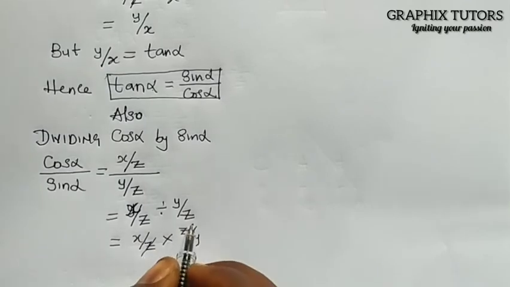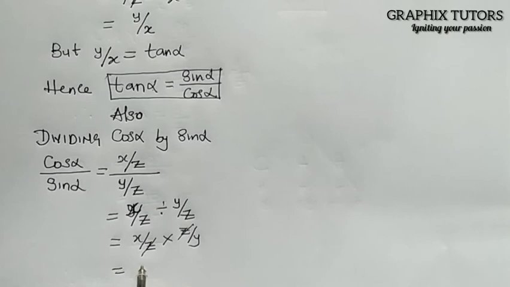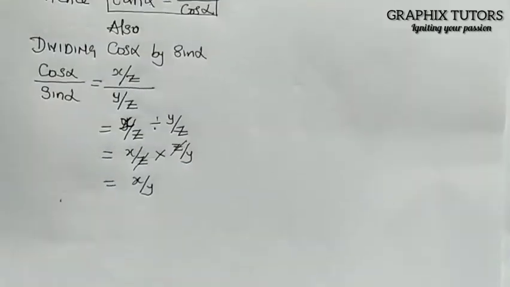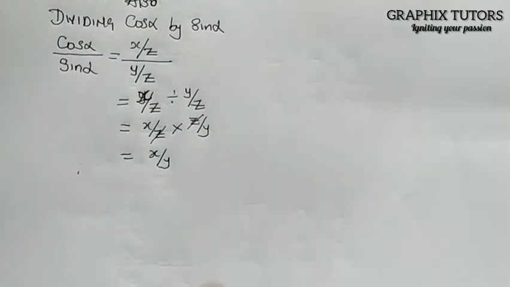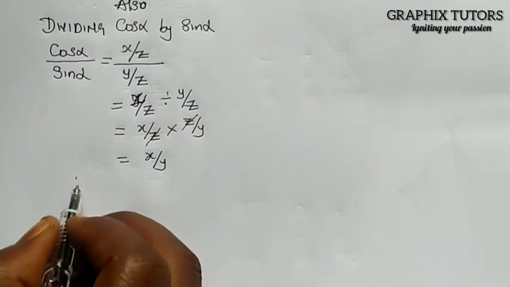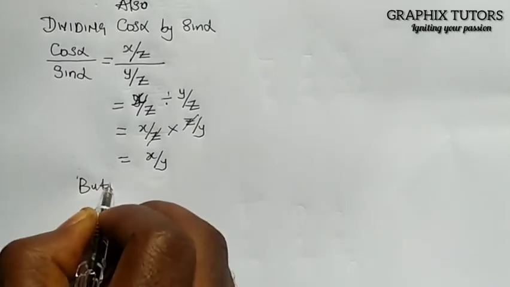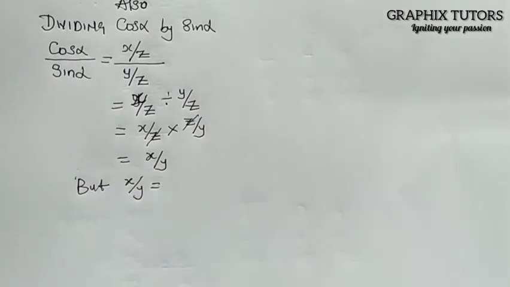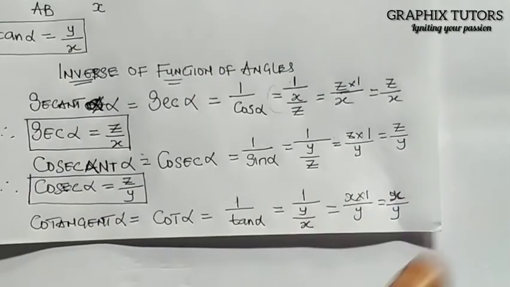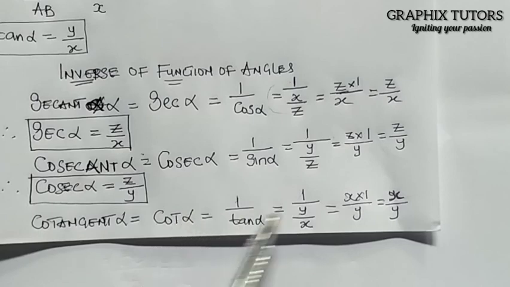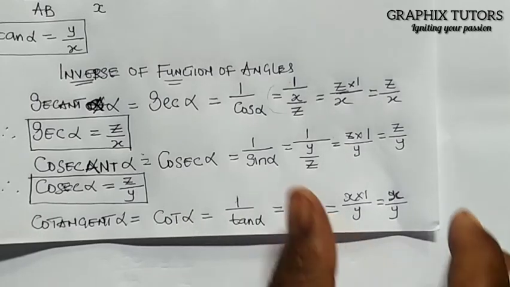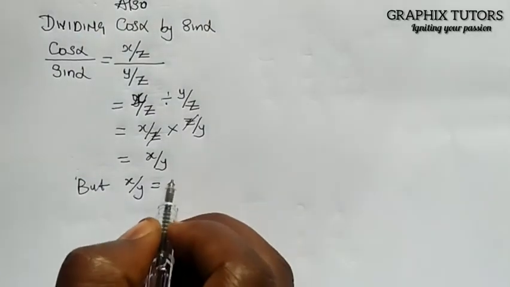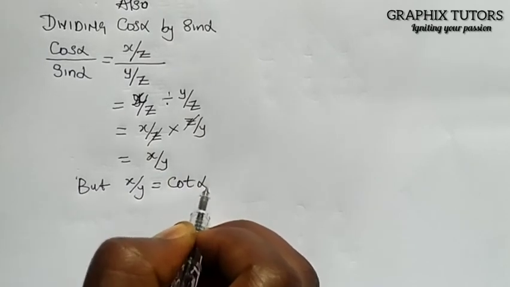So this will cancel this. So we will now have x all over y. But x over y is equal to cot alpha. Cot alpha is x over y. So it's x all over y that gives us our cot alpha.